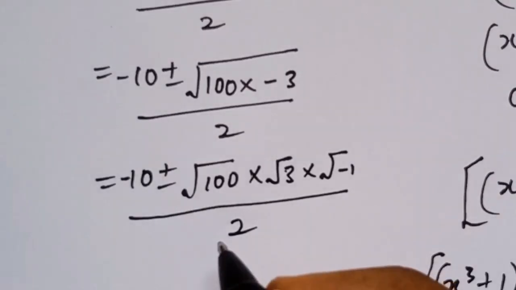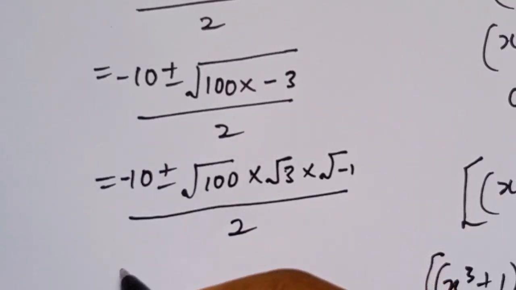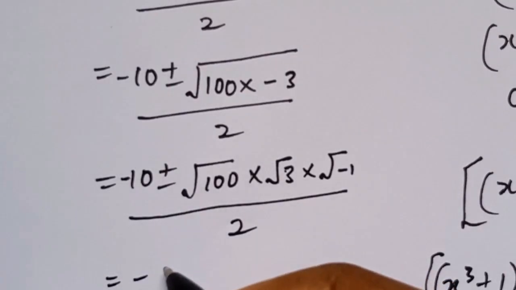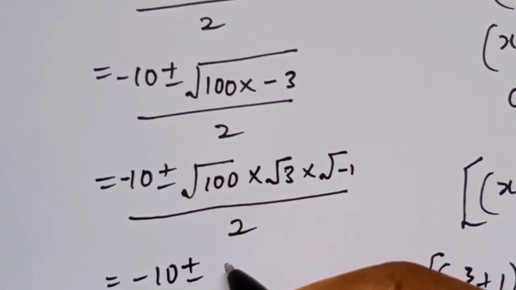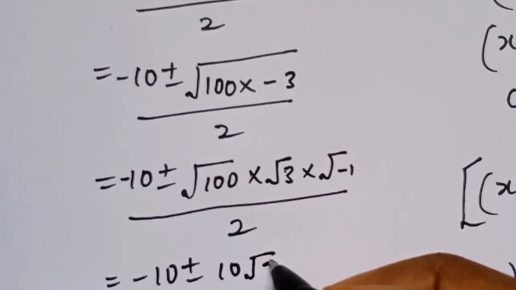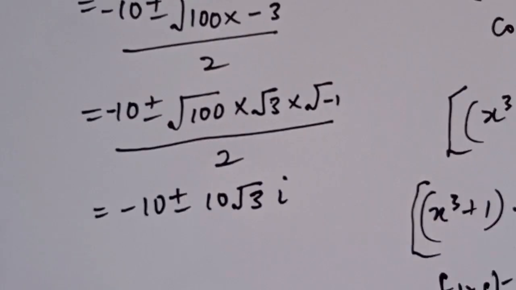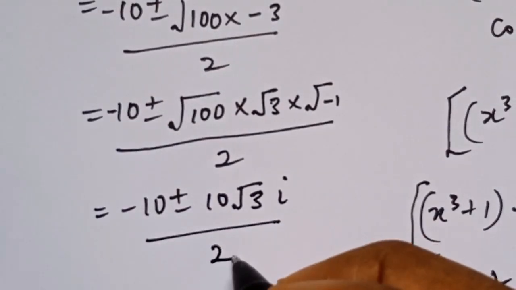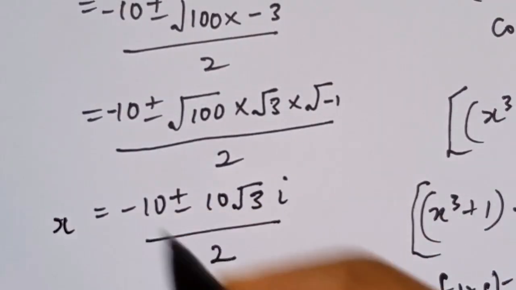So square root of minus 1 gives us i. We have minus 10 plus or minus square root of 100, which gives us 10, with square root of 3, then i, everything over 2, which is the value of x.